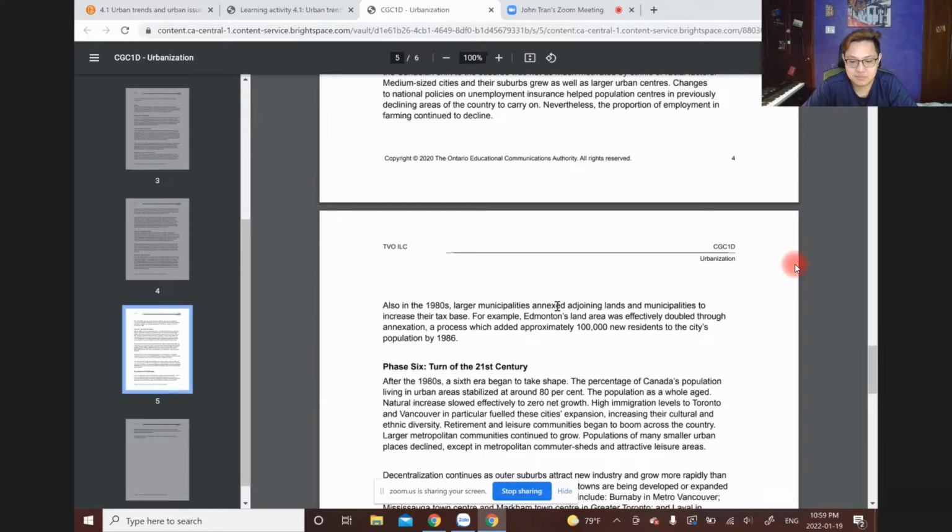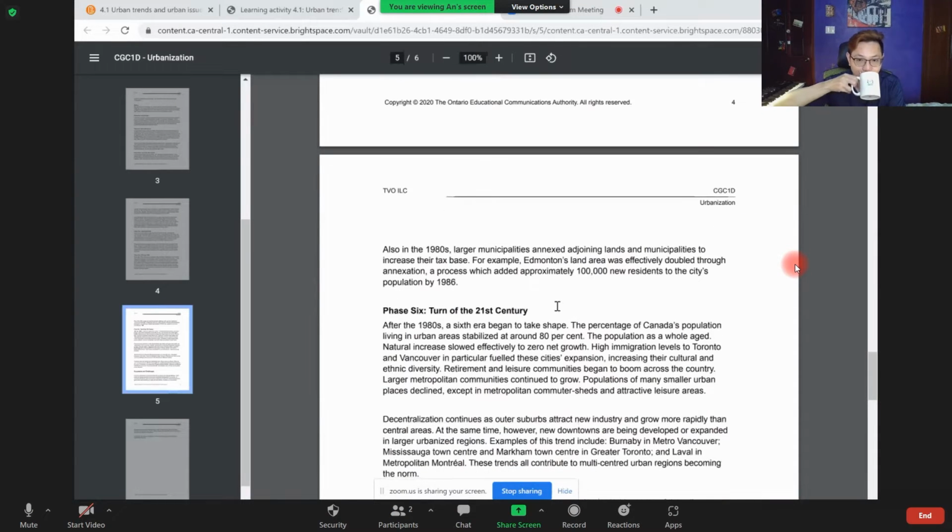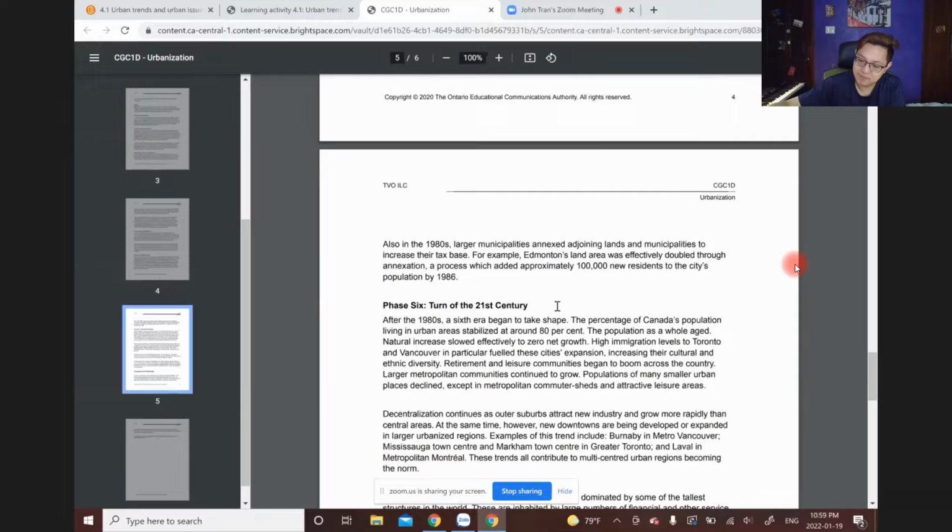Larger metropolitan communities continued to grow. Population of many smaller urban places declined, except in metropolitan commuter sheds and attractive leisure areas. Say again? Attractive leisure areas.